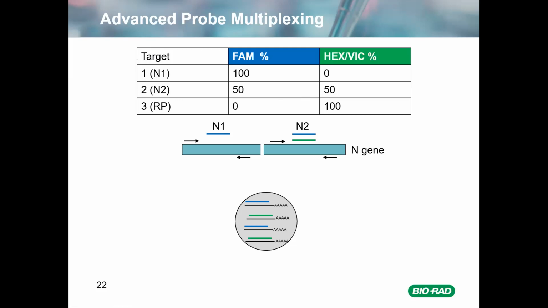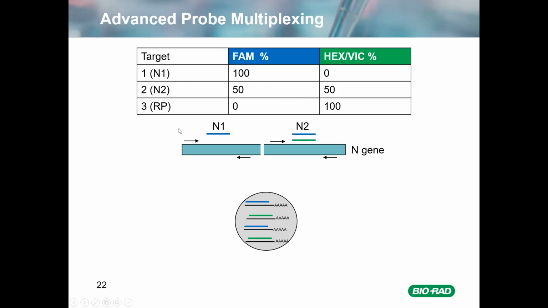Where we add to this is target 2, which is going to be our N2 target. And in this case, what we're doing is using a dual probe, or two probes that are identical probes, but they're labeled with FAM and HEX respectively. And each of these are going to be run at 50% the concentration compared to the N1 and the RP respectively.